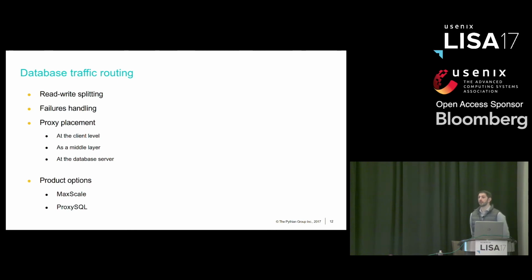We also need something to take care of failures, right? In case that master fails, we need a layer to take care of redirecting the writes to the new master. And in case the slave fails as well, you will also need something to take care of those reads.